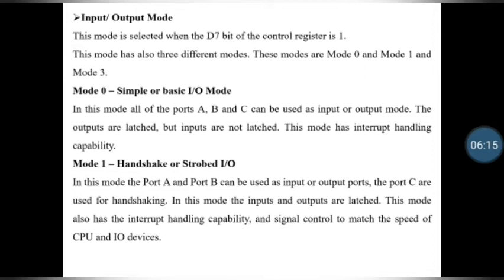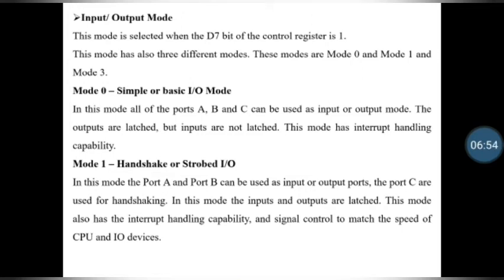Now the bit format is the same for all these 3 sub modes, mode 0, mode 1 and mode 2. In this mode all the ports, that is port A, port B and port C, can be used as input output. The outputs are latched but the inputs are not latched. And this mode has interrupt handling capability.